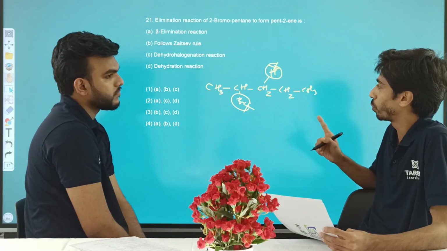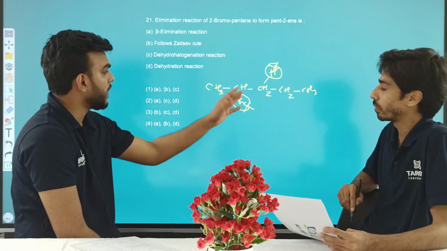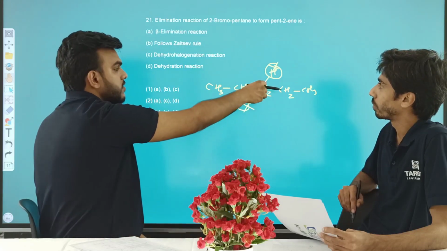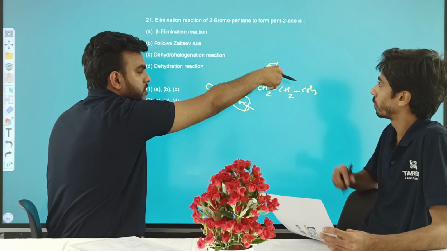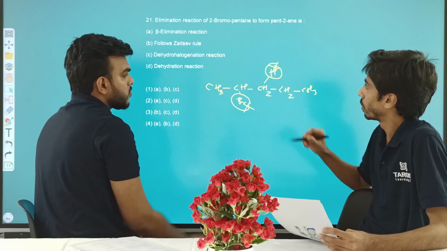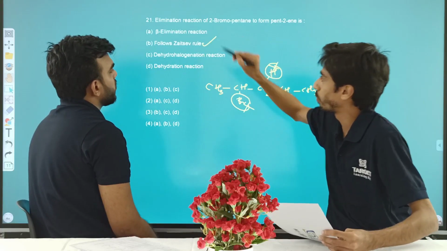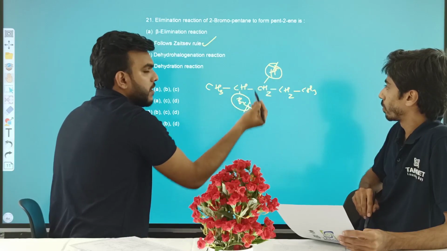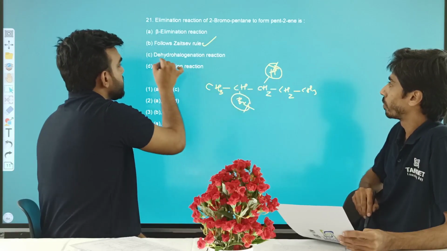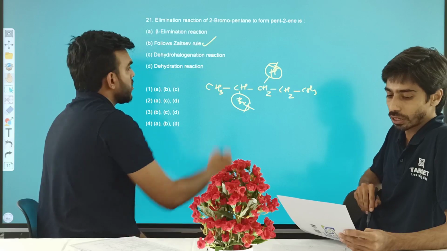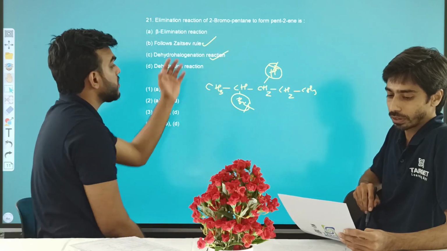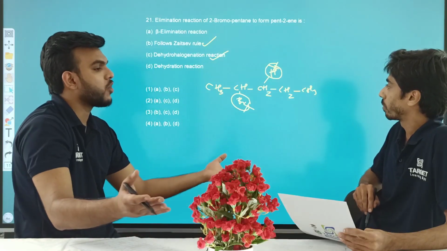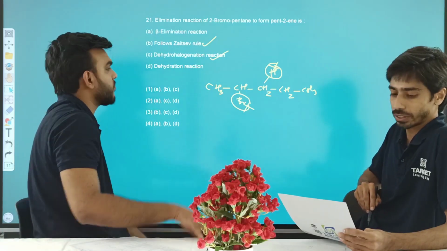They have two options to eliminate the hydrogen. Either we can eliminate from one side or from the other side. According to the Saytzeff rule, we select the hydrogen from this side. This is the right one. And since HBr is eliminated, this is a dehydrohalogenation, which is also a right answer. And since we are eliminating from the beta carbon, this is also a beta elimination reaction.